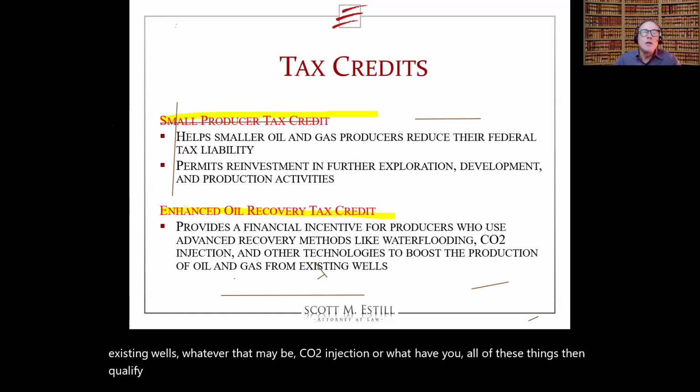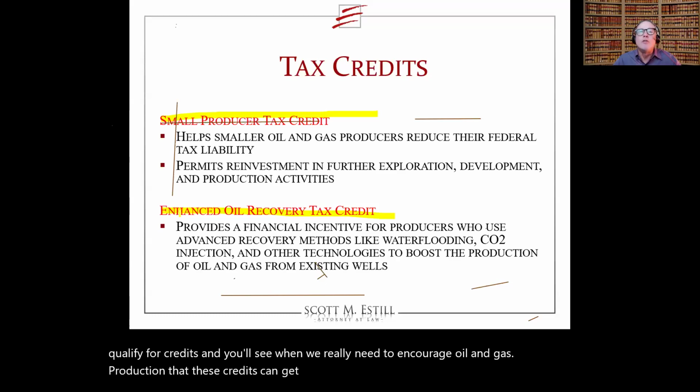And you'll see when we really need to encourage oil and gas production, that these credits can get to be a lot bigger too, and a lot more numerous.